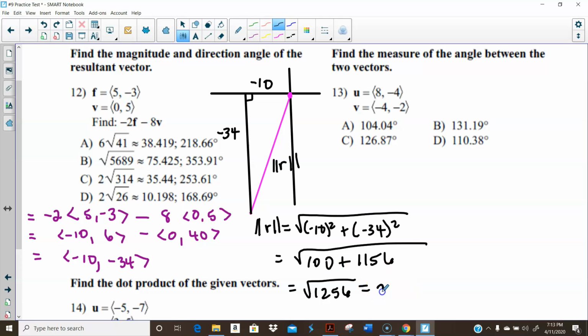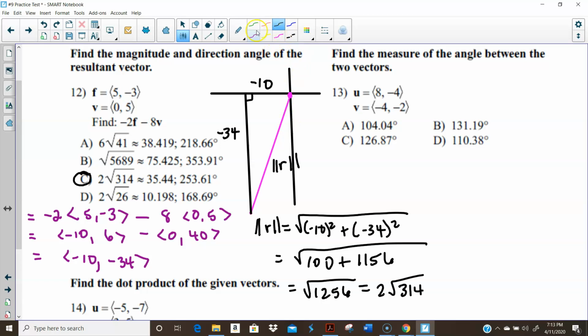But that's 2 square root of 314, because 4 times 314 gives me 1256. So here we have 35.44, which is C. I can pick the answer and not have to find the direction angle because these are all different.